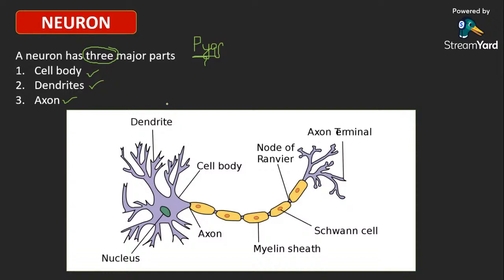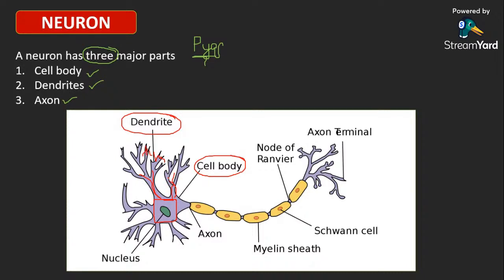So three major parts are there for the neuron. Number one, it is a cell body. Number two, it is the dendrites. And number three, it is the axon. Dendrite is this portion. This structure arising from the cell body is known as the dendrite. Cell body means this region. From the cell body only certain fiber projections are coming out.